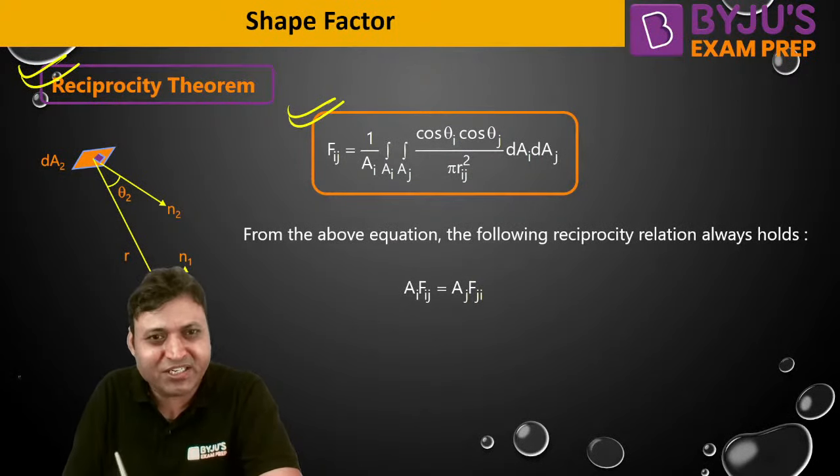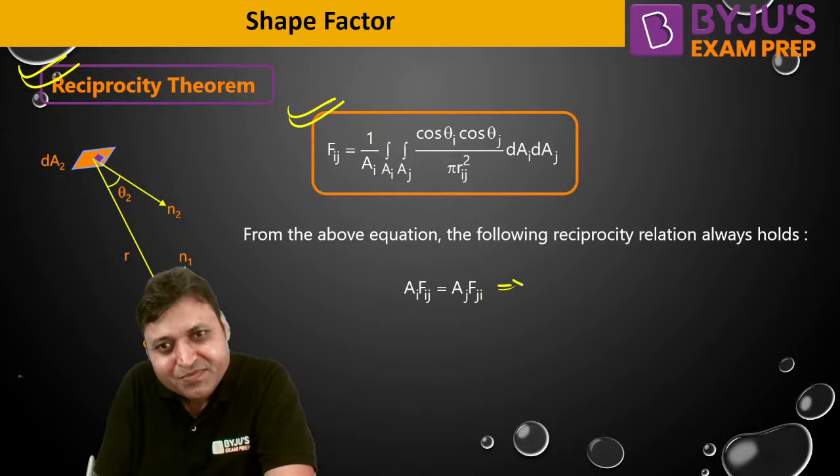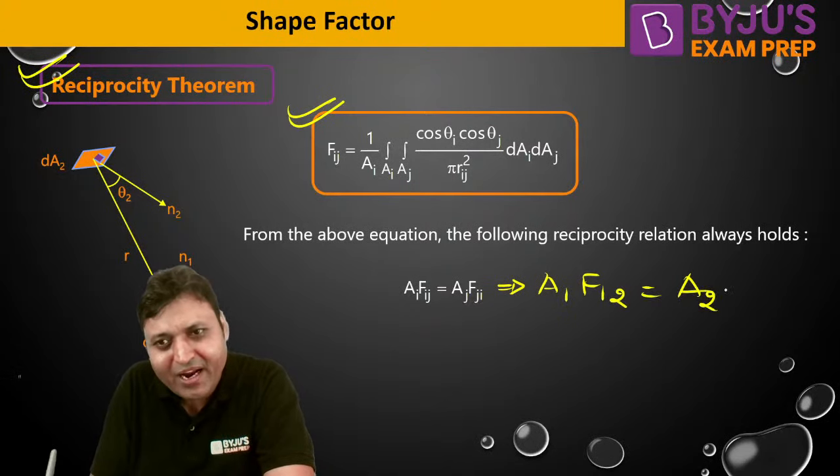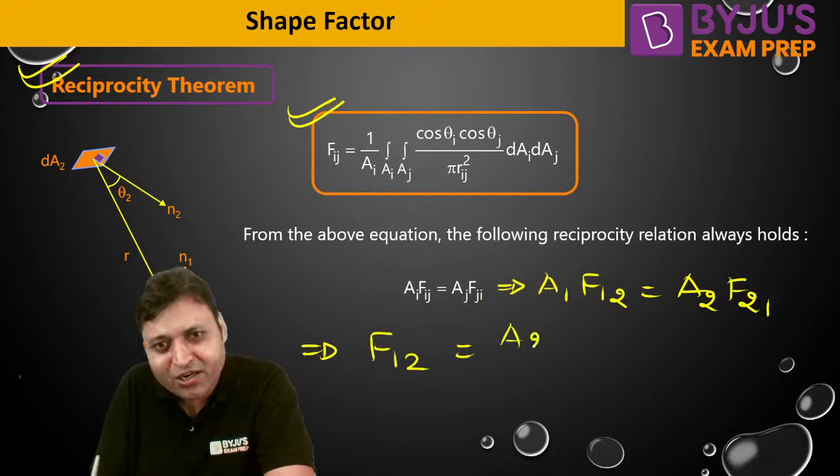And from the above equation, Ai Fij is equal to Aj Fji, or we can say A1 F12 is equal to A2 F21, or if we want to write F12, then F12 is A2 by A1 multiplied by F21.